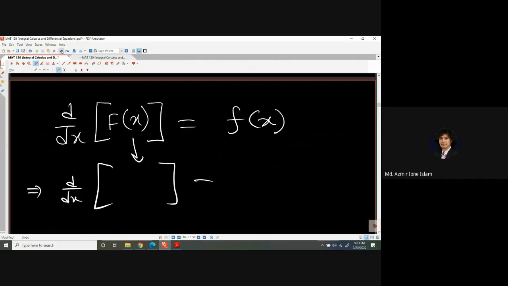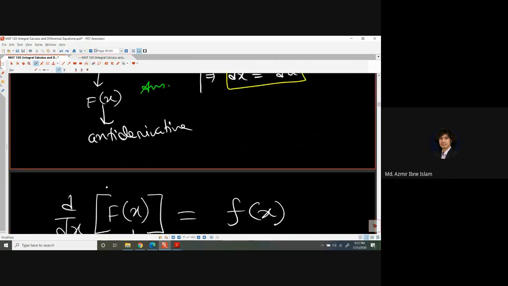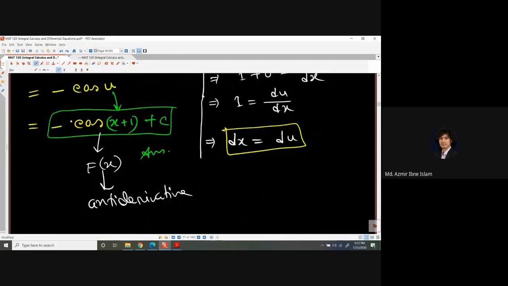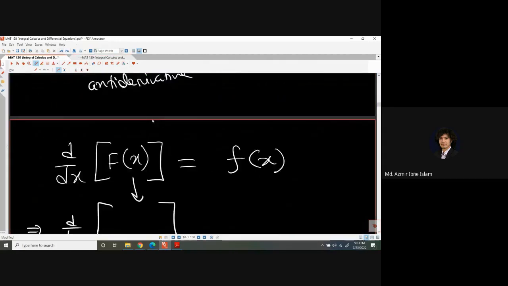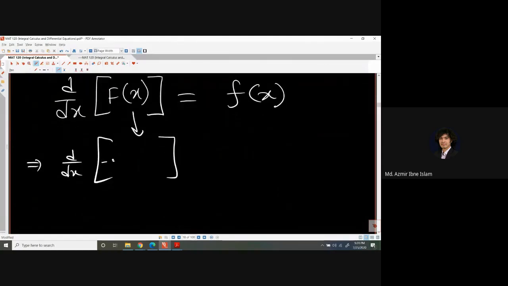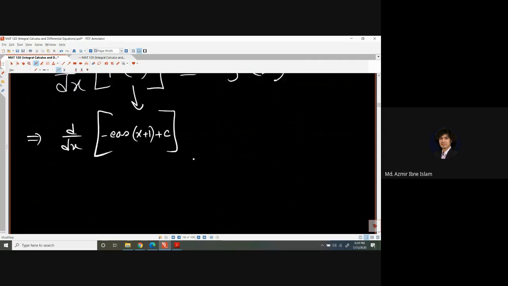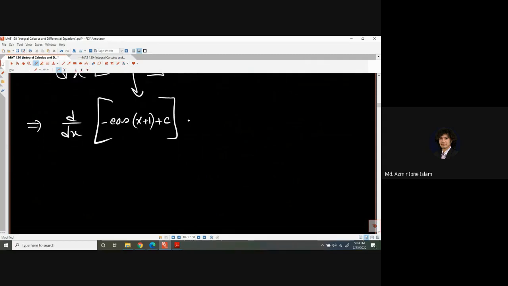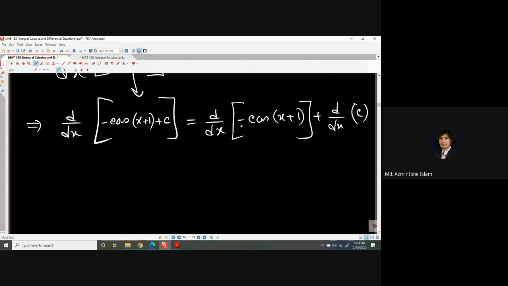Okay, so the function that we have here, finally, is negative cosine x plus 1 plus c. So I'm inputting here negative cosine x plus 1 plus c. Using the concept of differential calculus, we can separate these: differentiation of negative cosine x plus 1 and differentiation of the constant.